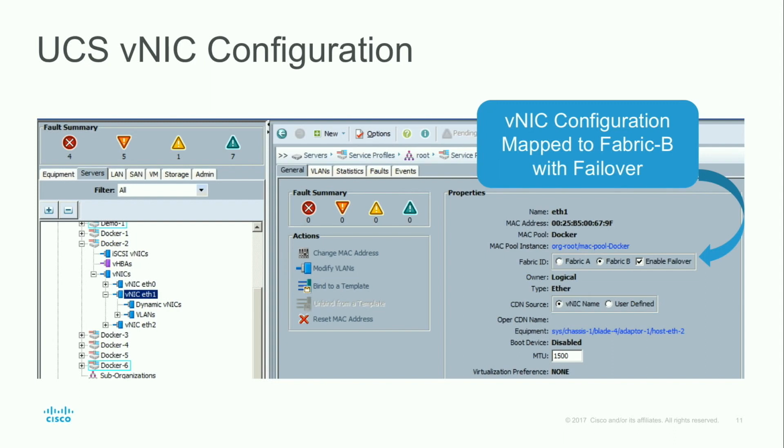Which means that if Fabric B goes offline for any reason, like a firmware upgrade, if Fabric B reboots, that vNIC will be mapped to the second available path, Fabric A, and all the MAC addresses will be learned on Fabric A.